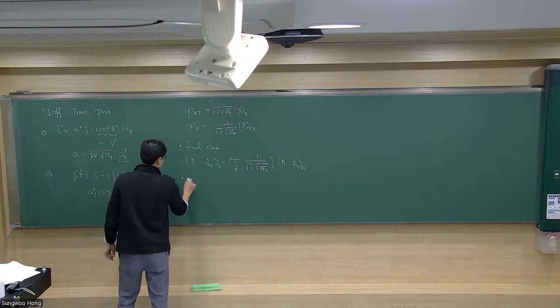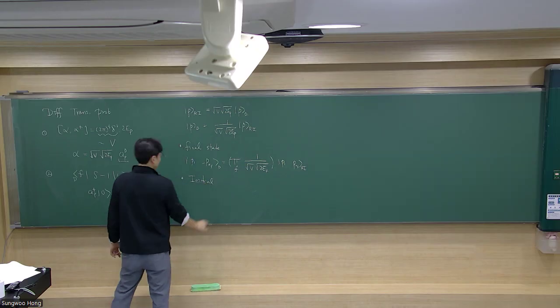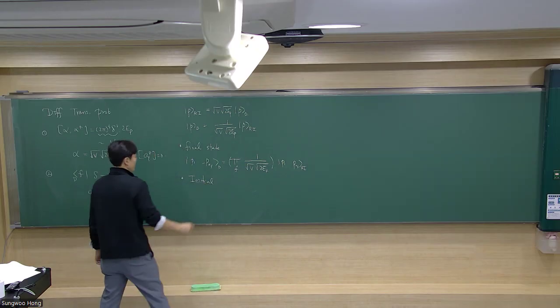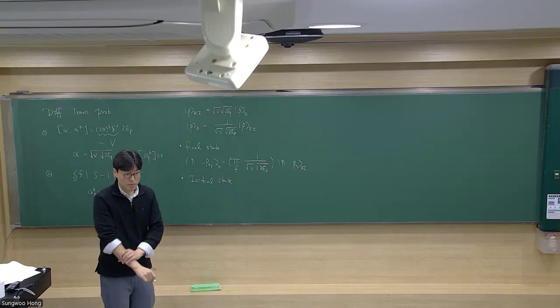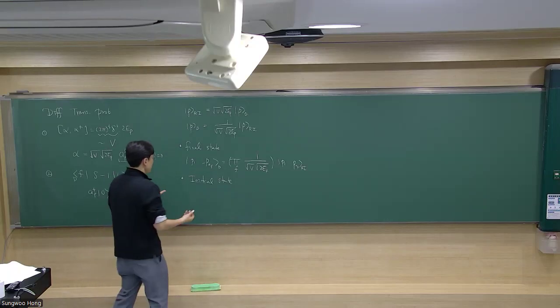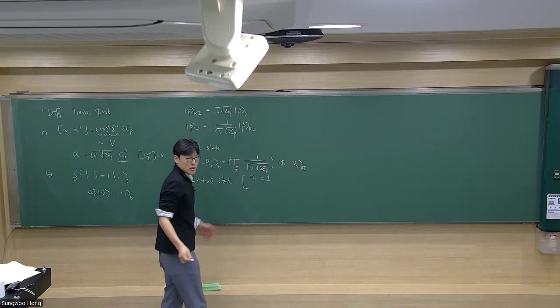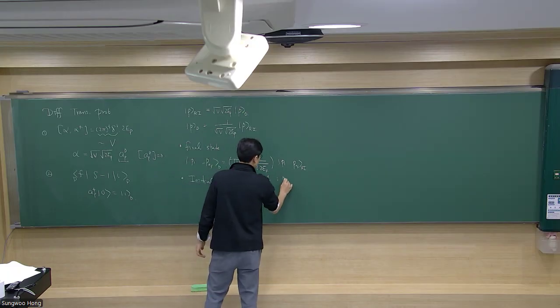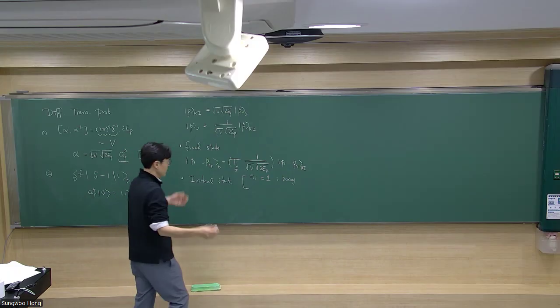However, for the initial state, we have to think a little bit more, okay? So for the initial state, we will consider only two cases. The first case, the number of initial particles being just one. In this case, we're talking about decay, right? So we just prepare one particle, let it do whatever it does, decay to something else.